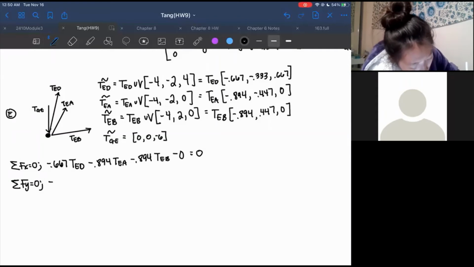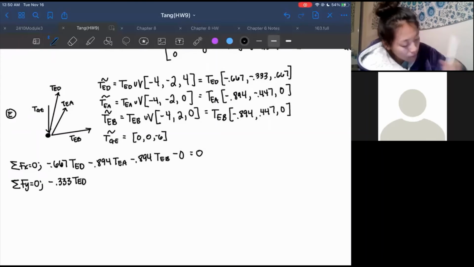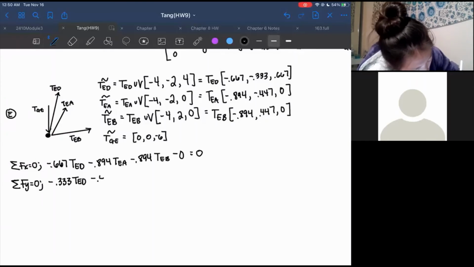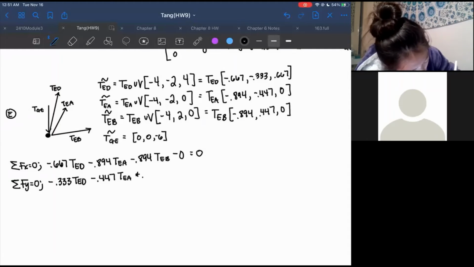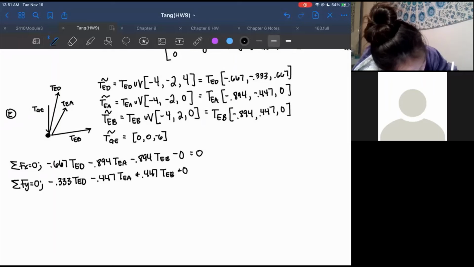So negative 0.333 times TED minus 0.447 times TEA, then plus 0.447 times TEB minus 0 equals 0.